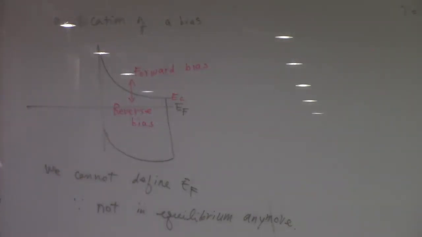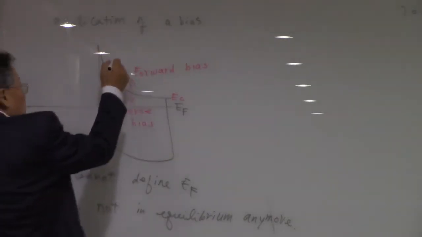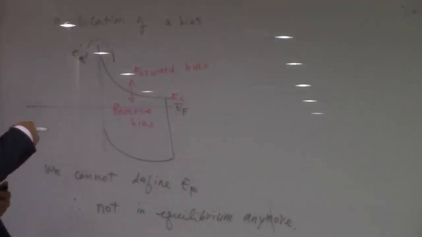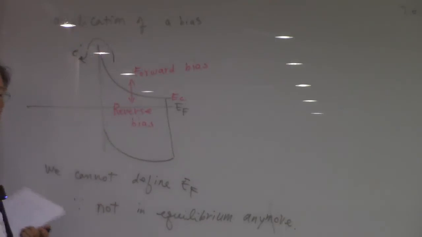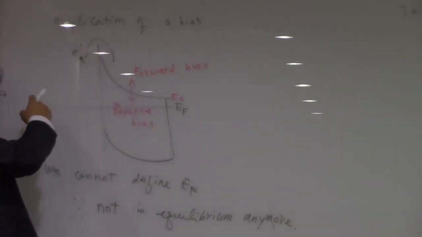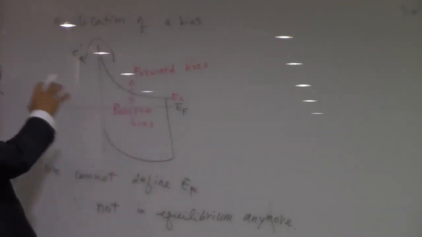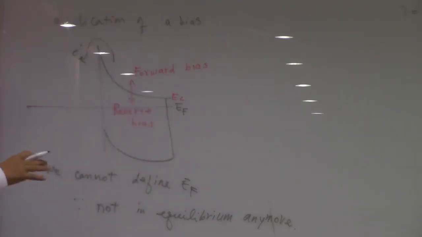And obviously with forward bias, more electrons can easily flow to the metal. If you apply reverse bias, the electrons cannot go to the metal. And the direction of electron flow has to be from the semiconductor to the metal, because remember, the work function of the metal is greater than the work function of the semiconductor. So the electron flow has been defined from that point.